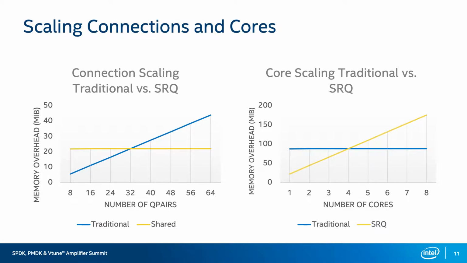So I crunched a couple of numbers. If you use the default queue pair size, 128 for the queue depth, 4K in-capsule data, you can add up to 700 kilobytes per queue pair of data. So this line actually goes up pretty quickly when you're looking at it.